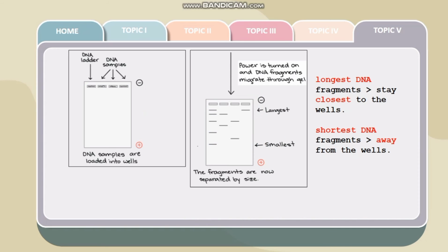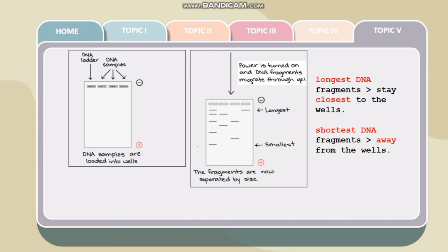The next step in this process is to turn on the gel box, and current begins to flow through the gel. Also, we need to remember that DNA molecules have a negative charge, so they start moving through the matrix of the gel towards the positive pole.